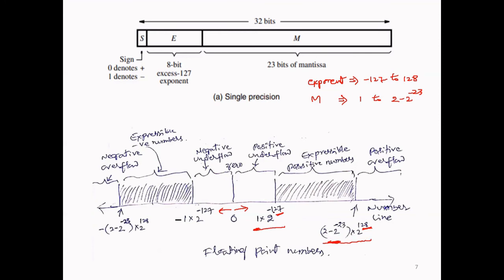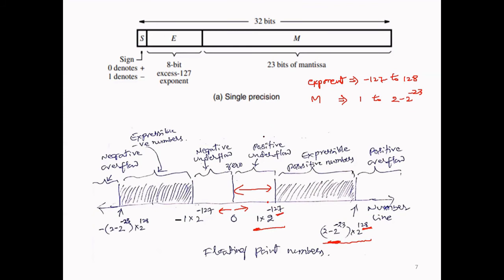Let me repeat once again. The exponent is minus 127 to plus 128, and the mantissa is 1 to 2 minus 2 power minus 23. But in this range, what happens? We cannot represent it, because minus 127 is the least exponent. If you want to use minus 128, that is not possible. Our range is up to minus 127 only.